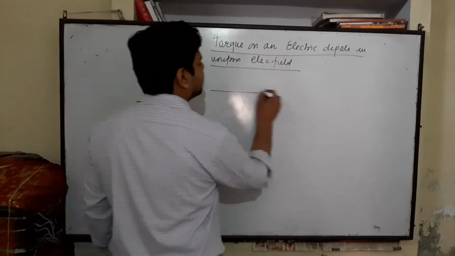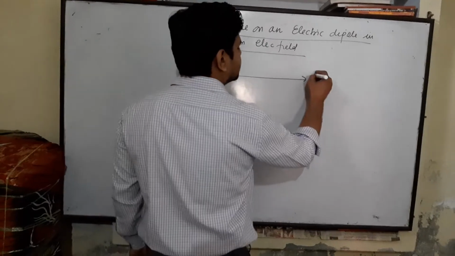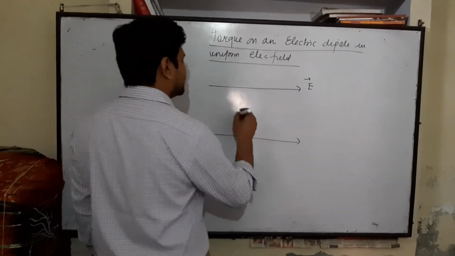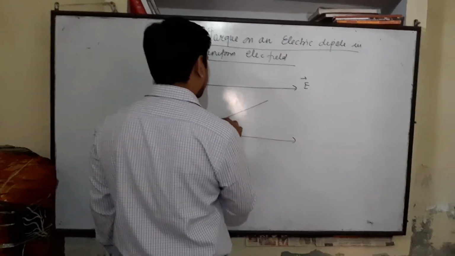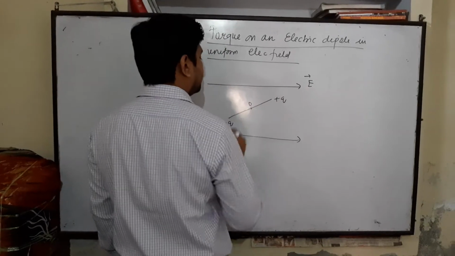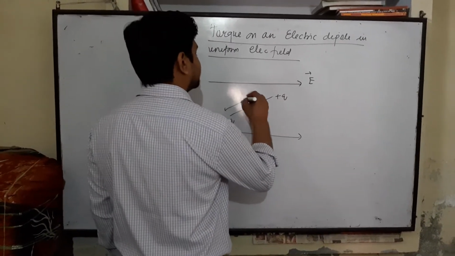Now we have a uniform electric field E, and we place an electric dipole like this in any random position. Minus Q, plus Q, and this distance is 2L.